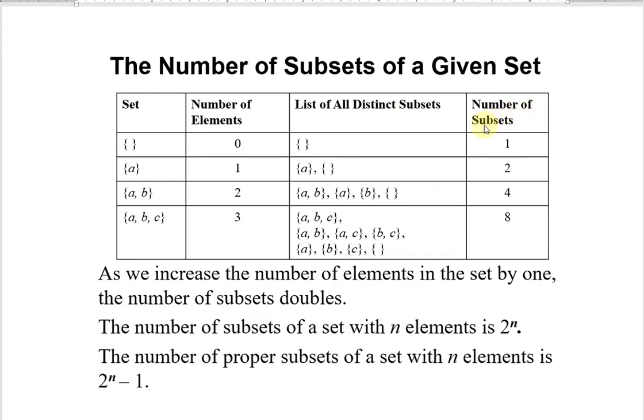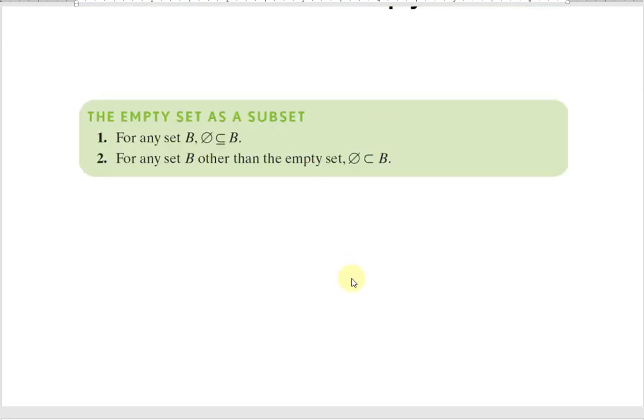So the number of subsets is just 1, the empty set. Now for the set of one element, the number of elements is 1. So we can list all the distinct subsets, which are A, and also the empty set. Remember that the empty set is a subset of anything.